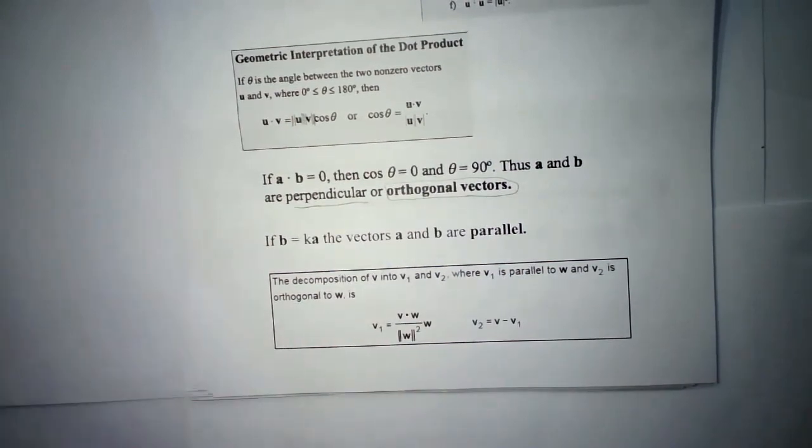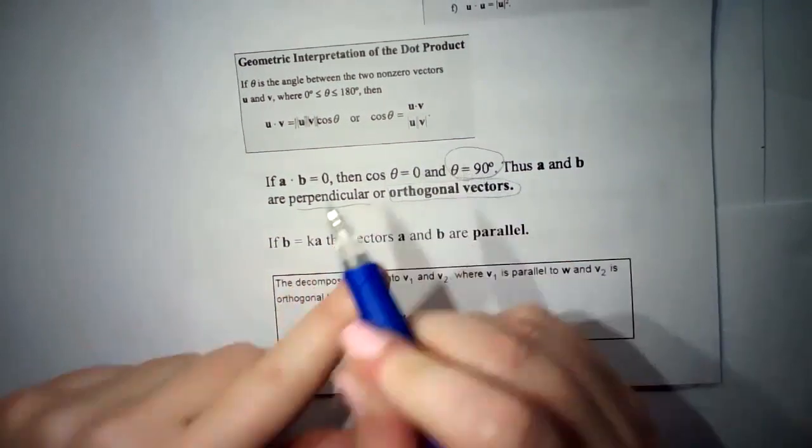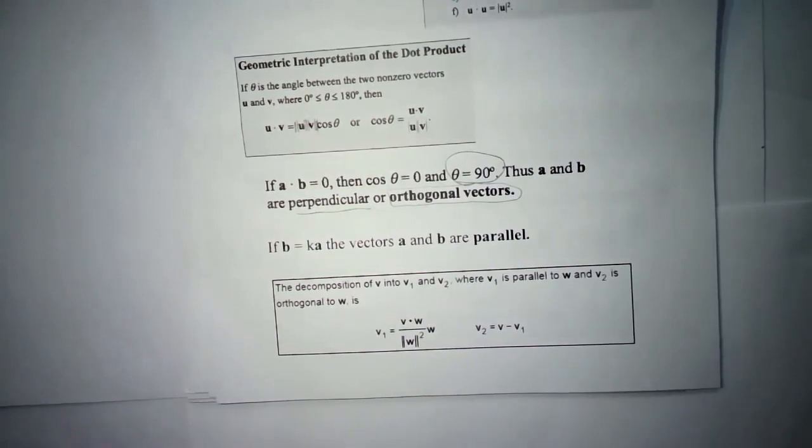Also, what would the degrees be if you had two perpendicular vectors? What would the degrees of a perpendicular situation be? That's 90. They form a right angle, right? So sometimes if you can prove that your angle's 90 degrees, that's another way of proving that your vectors are orthogonal.